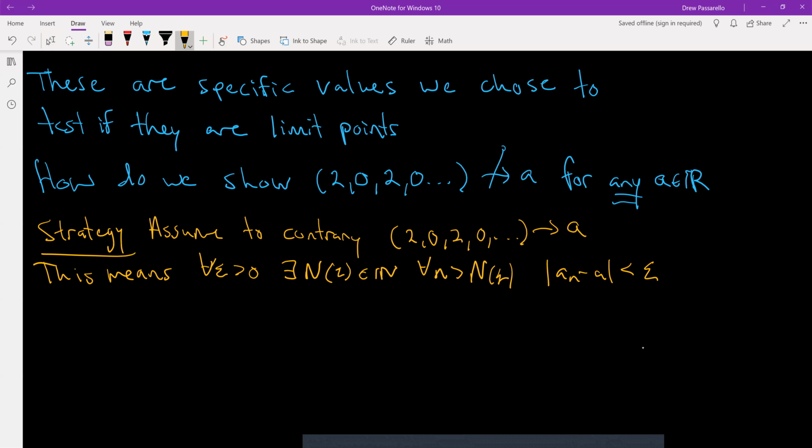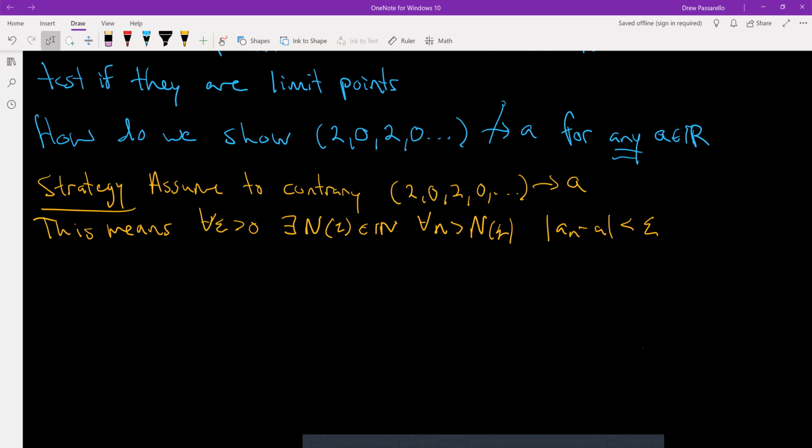Now, if we're going to do a contradiction proof, then we need to find something that's going to contradict this. So we just need to produce one epsilon value, because this is supposed to happen for all epsilon. As long as we can produce a single epsilon greater than 0 for which this isn't true, then we get a contradiction.